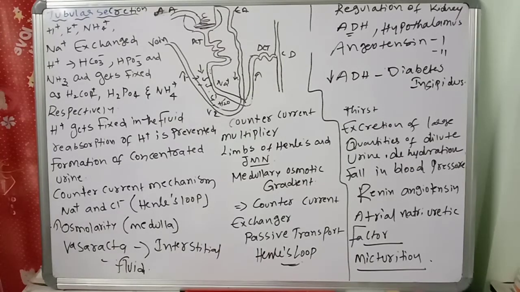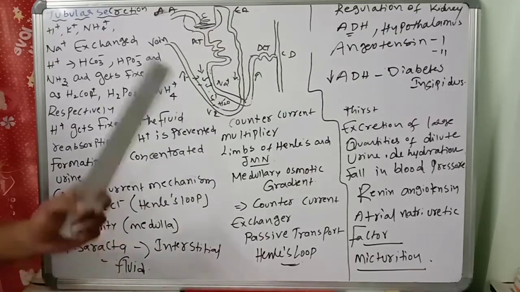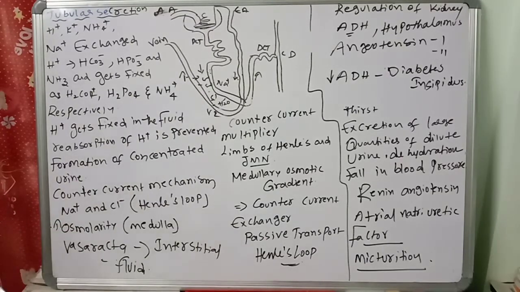So atrial natriuretic factor acts against the RAAS mechanism. Why? Because atrial natriuretic factor from the heart will reduce the blood pressure and stops the increase of pressure and glomerular filtration. So RAAS increases the glomerular filtration, atrial natriuretic factor decreases the glomerular filtration.